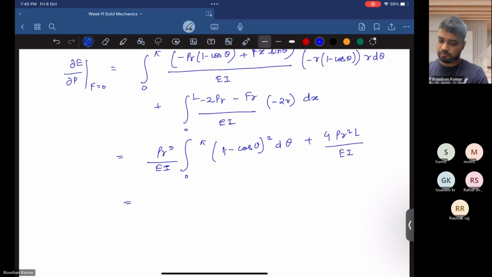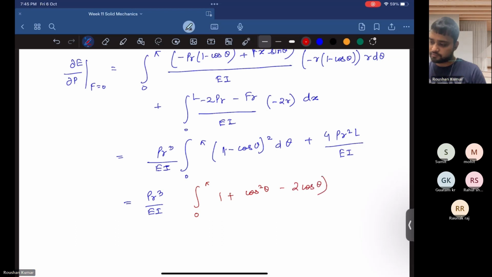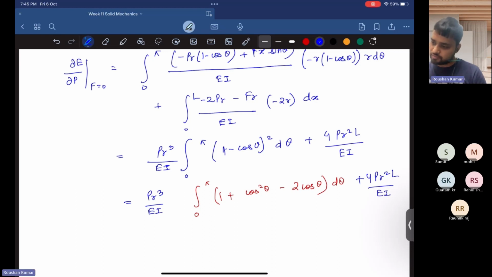Now taking the integration of this term, (1 minus cos theta) whole square becomes integral of 0 to pi (1 plus cos square theta minus 2 cos theta) d theta, plus 4PR square L upon EI. And cos square theta is (1 plus cos 2 theta) upon 2.